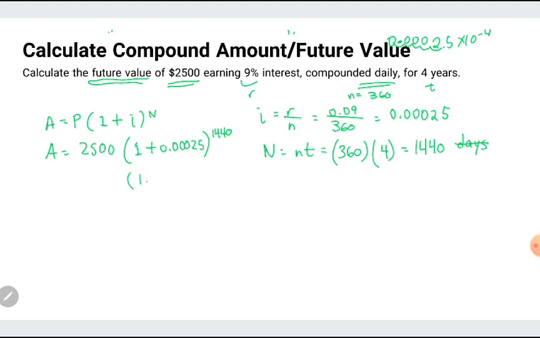So obviously this is 1.00025 raised to the exponent. If we did this first, 1.00025 raised to 1440, I would be getting 1.433264927.